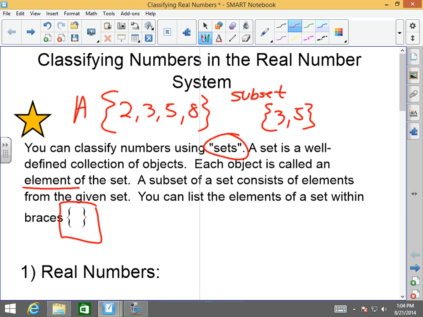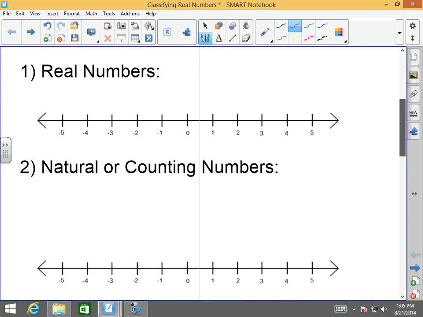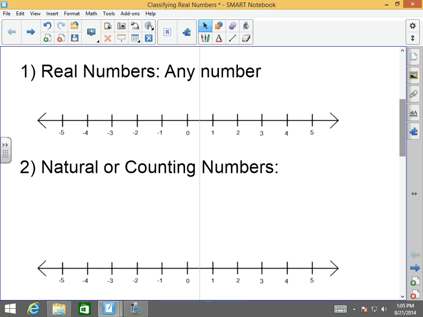I'm not going to get too crazy on sets and subsets, but the reason I brought this up was because the real number system is made up of sets and subsets. The big picture here is real numbers. And basically, my friends, real numbers literally are any number.